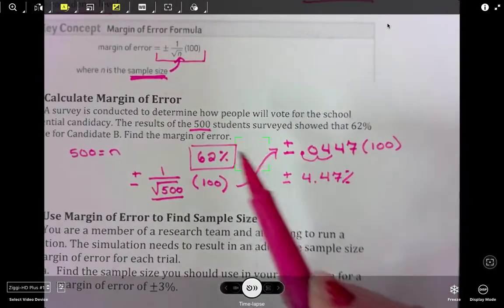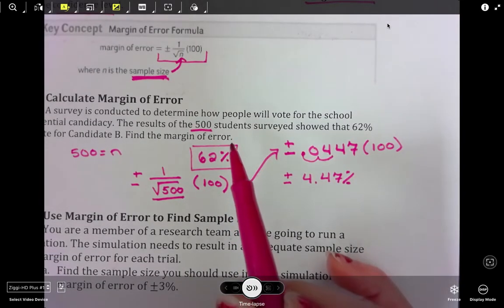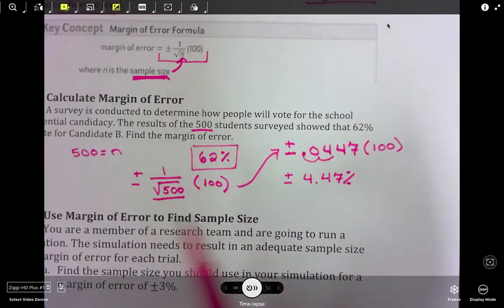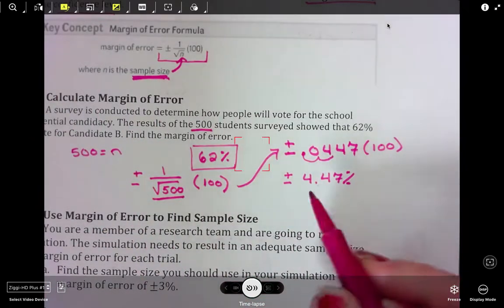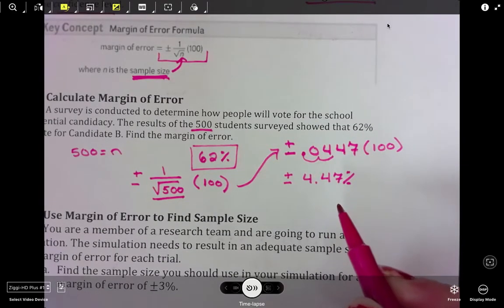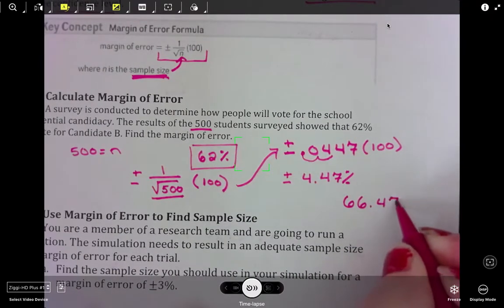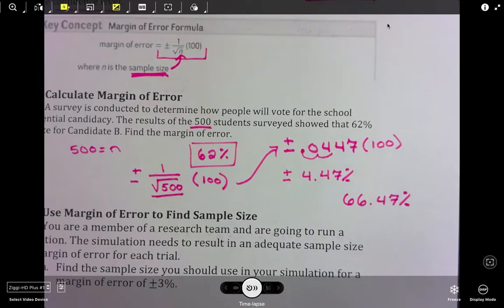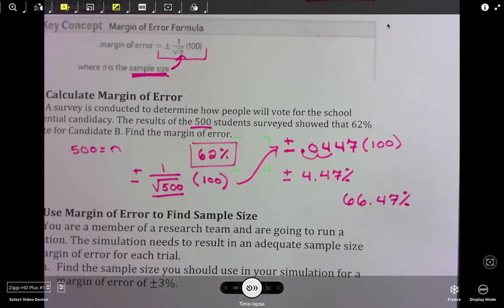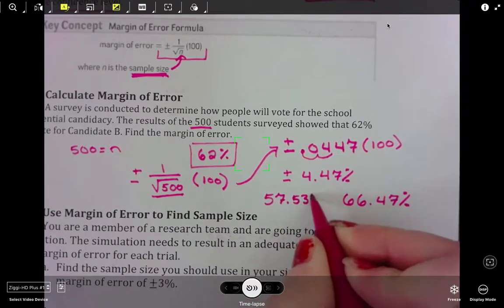So that means that this number here that I got as my result could be off by almost 4.5%. So according to my sample, 62% of the people voted for the candidate B. But in real life, when I actually do the population, if I take and add 62 plus 4.47, 66.47%, or if I subtract that, 57.53%.